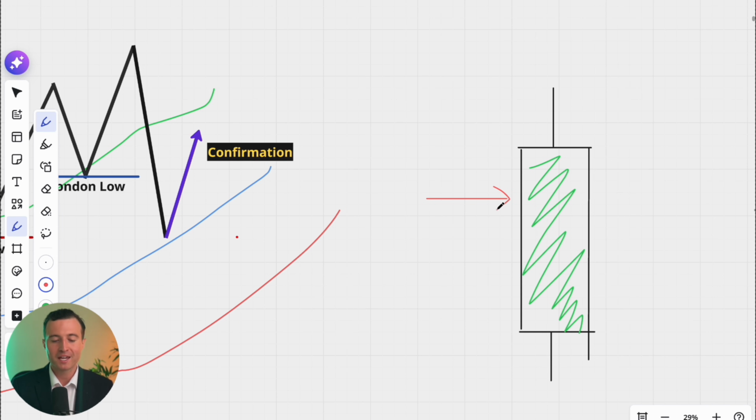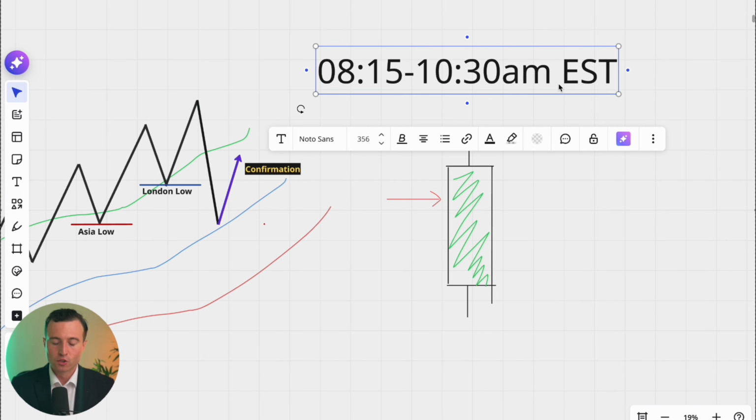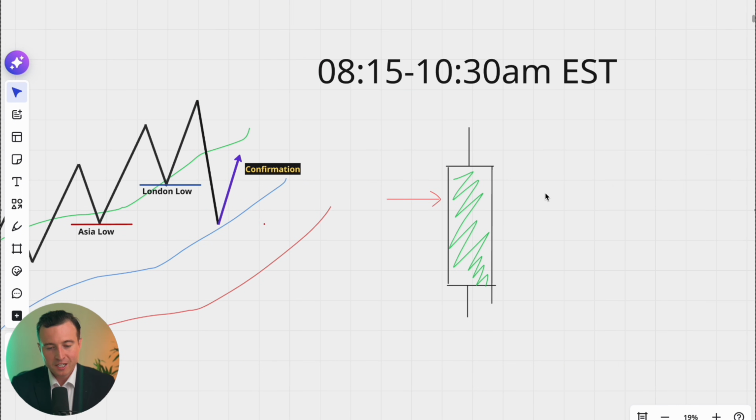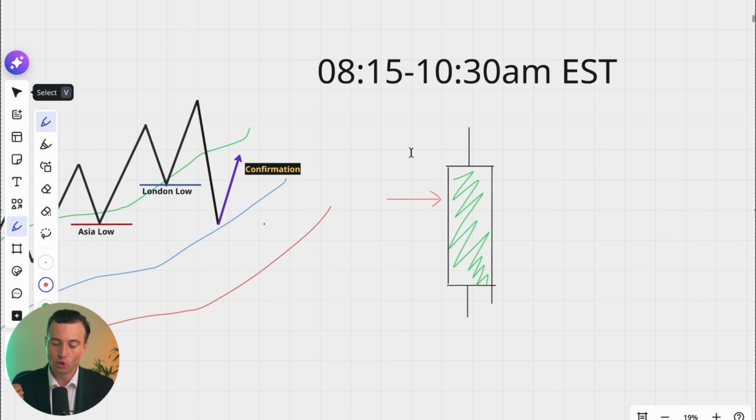So I want to make this very clear. Everything is going to be on the 15-minute time frame. So once you have seen a liquidity sweep, all that you're waiting for during a New York kill zone, so every trade that you're going to be taking, is going to be within this window right here.